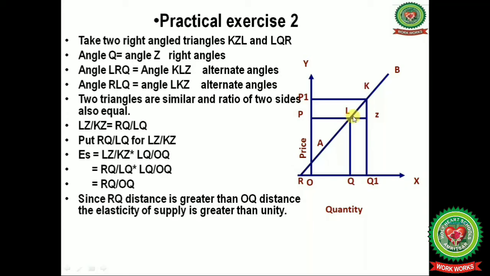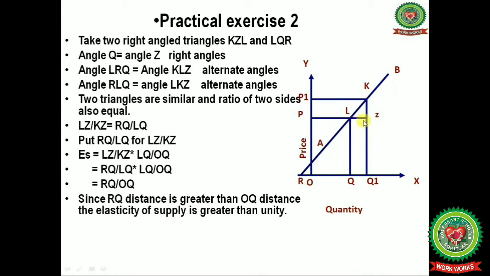Now angle LRQ is equal to angle KLZ, that is alternate angles. Angle RLQ is equal to angle LKZ. This is also alternate angles. So two triangles are similar and the ratio of two triangle sides are also equal.